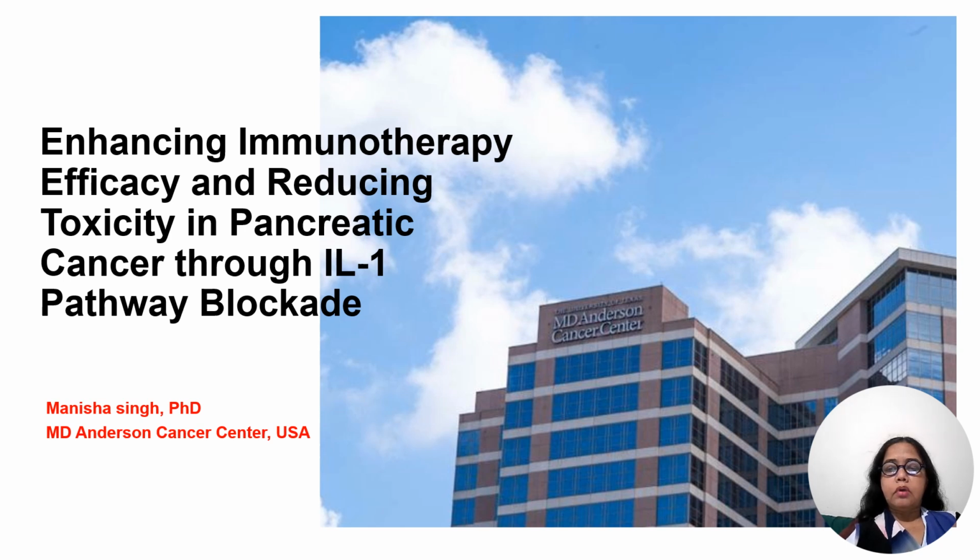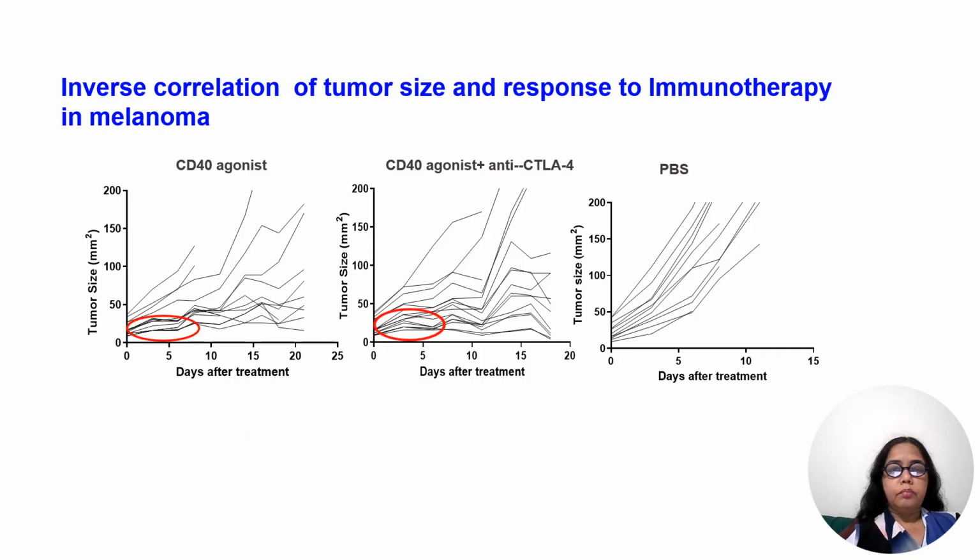So let me tell you how the interleukin-1 story began. During my work on melanoma, I found only a small tumor respond to immunotherapy, but large tumor never respond to immunotherapy. So you can see here when tumor were less than 50 mm square, it responded to immunotherapy, either monotherapy or combination therapy.